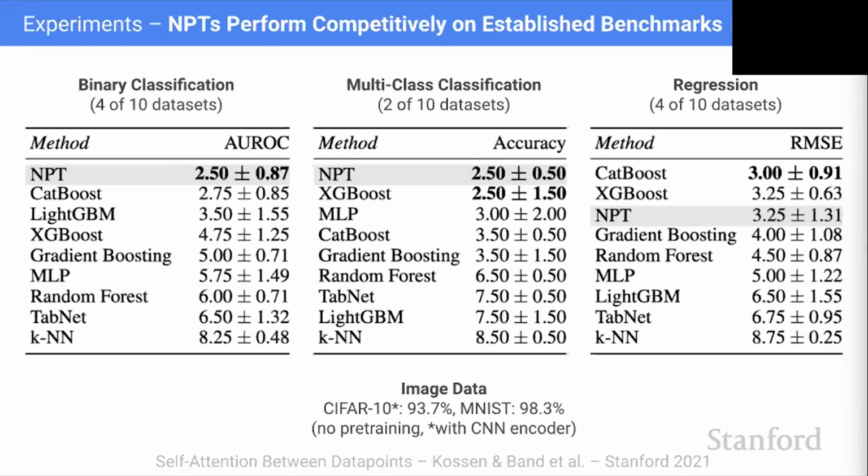Hey, thanks. I just found it a little surprising that the worst performer was KNN, given that it's also non-parametric. Could you comment on that? Is there something intrinsic to the NPT that makes it exceptional far beyond other non-parametric methods, or why is it that KNN performs the worst here?